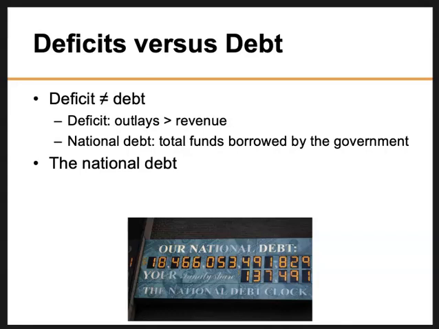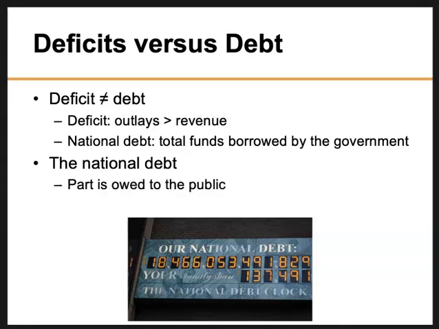National debt will be for the government. So now if the government has a shortfall in any given year, there's a deficit in that year. All of the yearly deficits added together equal the total national debt. So now national debt is a total of all accumulated and unpaid deficits, or the government liabilities.